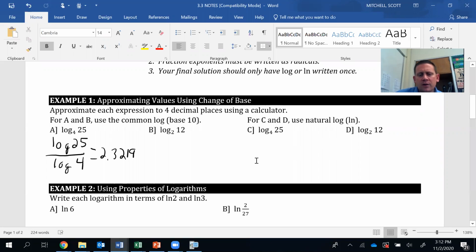Okay. So now we're going to do log base 2 of 12. Again, we would think about doing wagon wheel here. 2 to some power equals 12. I don't know what that is. It's some ugly decimal, so there's not much I can do with that. So we're going to do the log of 12, base 10, over the log of 2. And then we're going to go to our calculator.